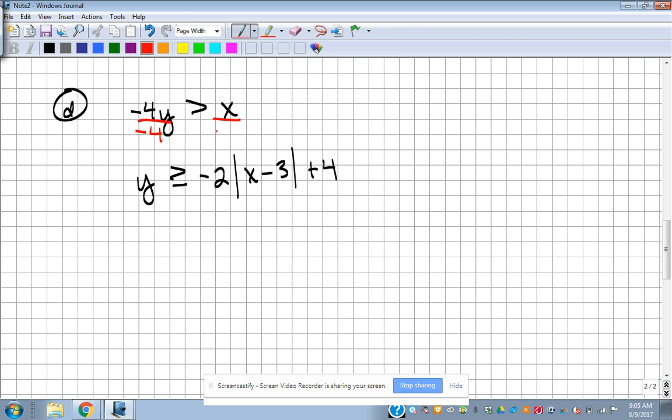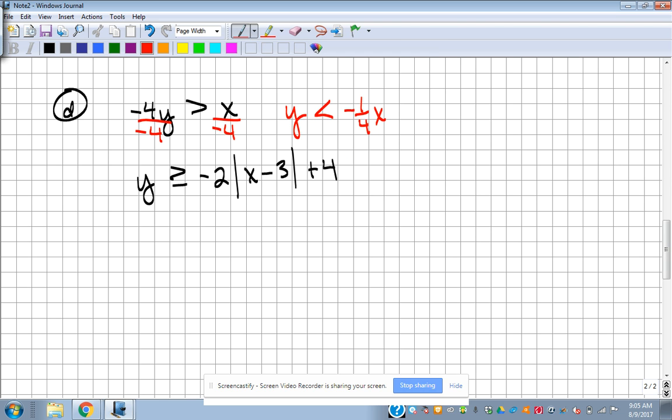Good. But when I divide by negative 4, what happens? I get a fraction, negative 1/4 x. What else happens? Symbol changes. Remember, if you multiply or divide by a negative with an inequality, it flips that symbol.